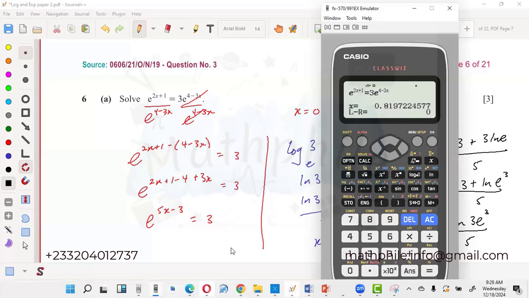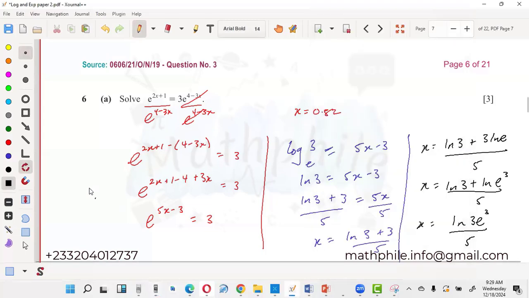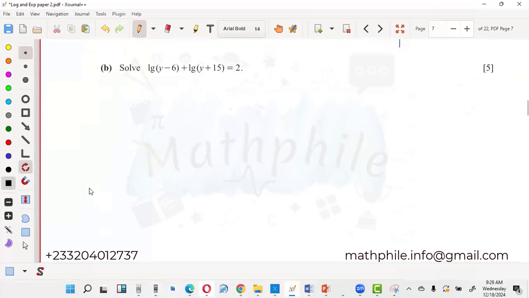Okay, so let's solve the logarithm one. This is quite easy, they have the same base already.